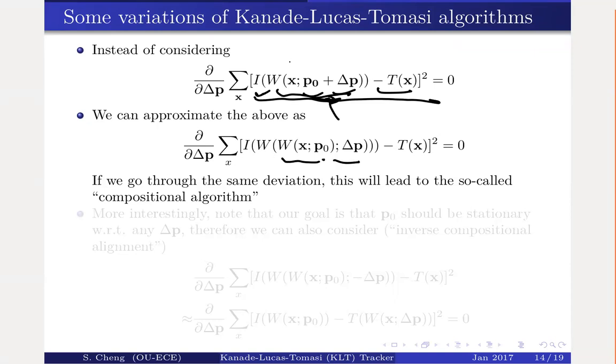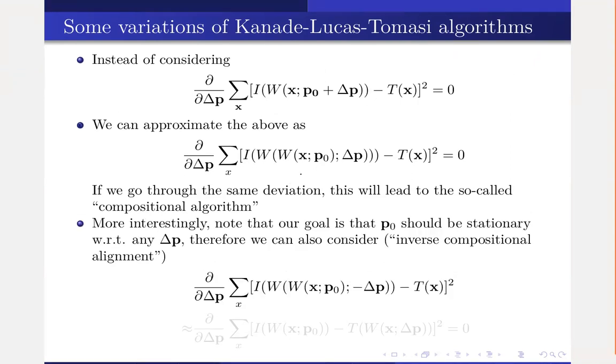So for example, if you think of just translation, you translate by P0 plus delta P. You can think of it as first translating by P0 and then translating by delta P. So what we can see is that this delta P is really a dummy variable, in the sense that whether it's positive or negative doesn't matter.